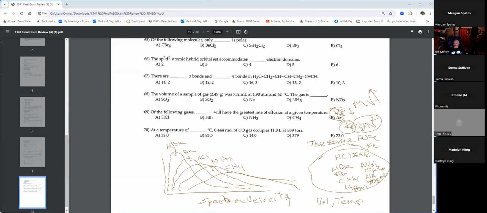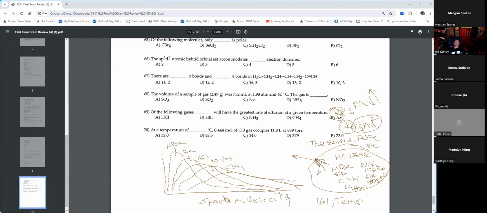Now, this balloon has tiny microscopic holes in it. And think of it as a basketball basket. If you're talking about how many baskets you make or how fast a gas will escape through that tiny microscopic hole, it depends on how many shots it takes.